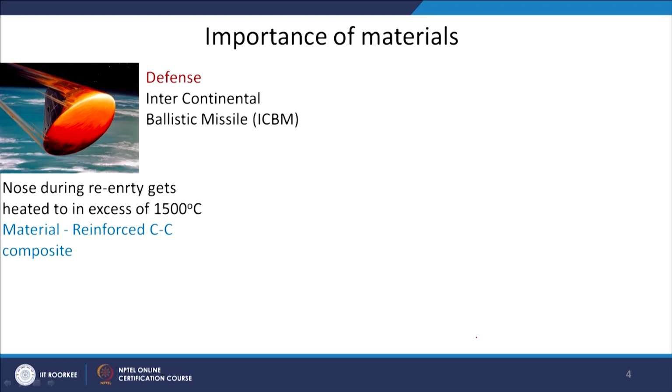So, you must have heard about the intercontinental ballistic missile, ICBM, which has a very high range. Right now, if you are going through the newspaper, there is a lot of tension between North Korea and USA, that they are able to make a missile which can go up to USA.